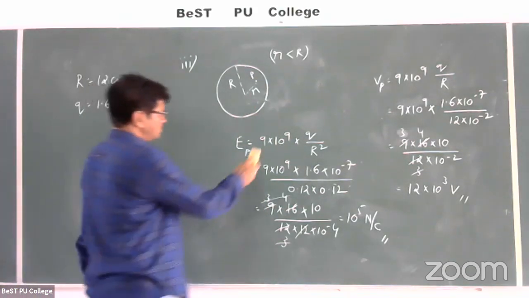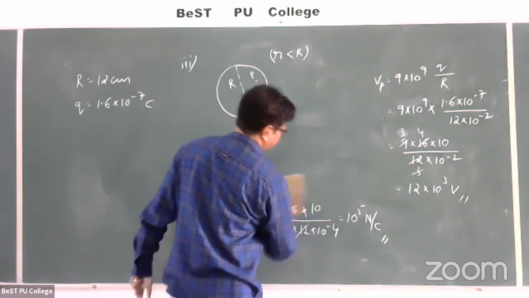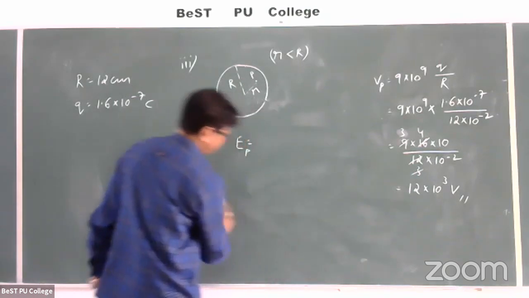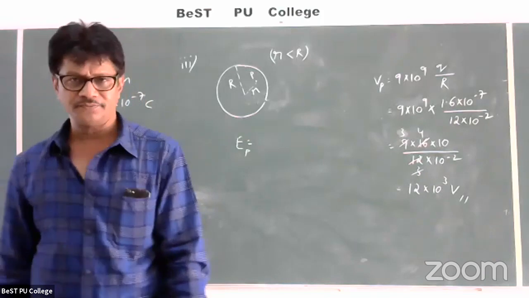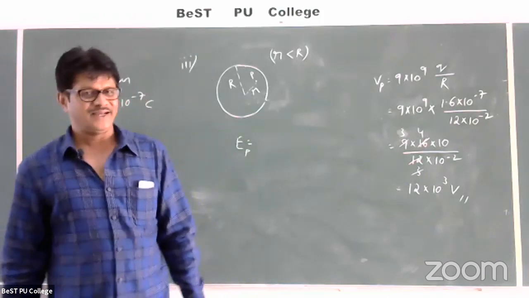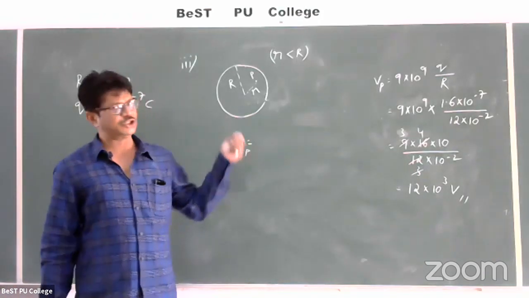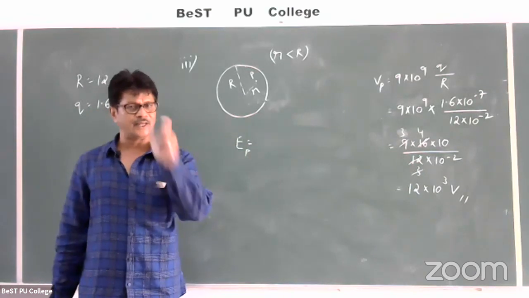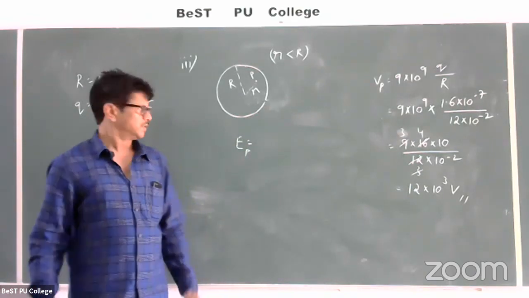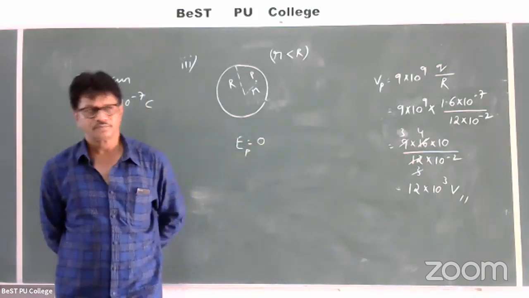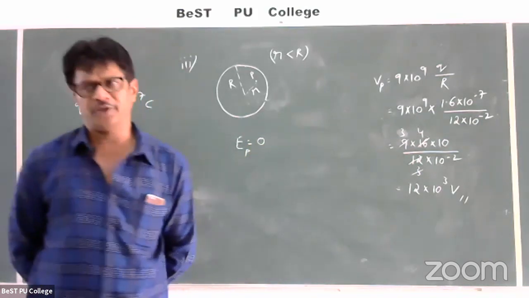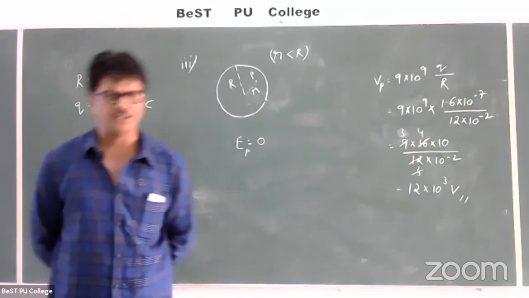Then as we know, inside the sphere, the electric intensity is 0 according to the Gauss theorem we derived. So inside the sphere, the electric intensity is 0.